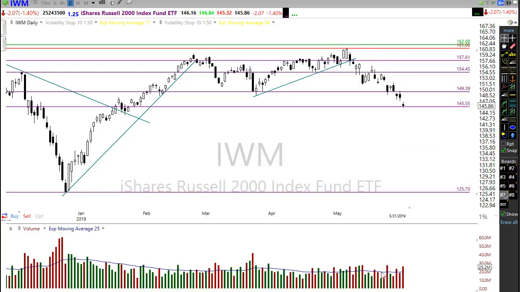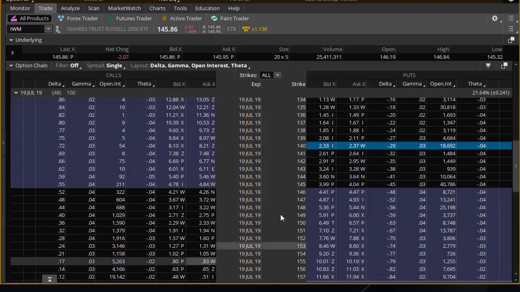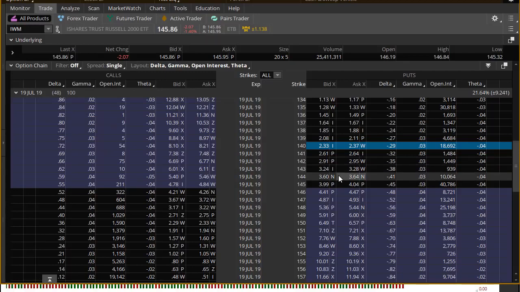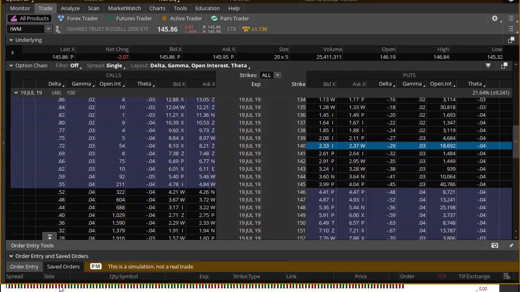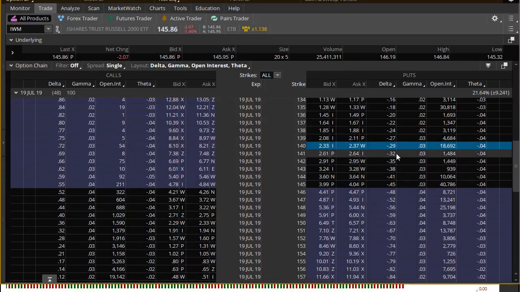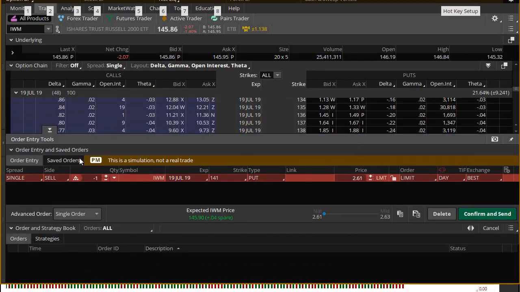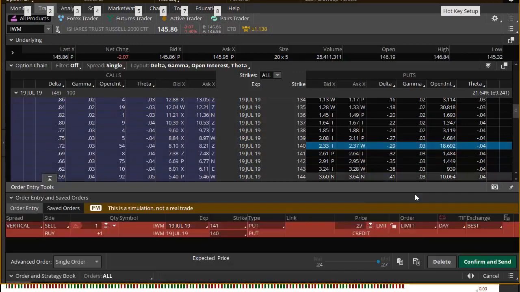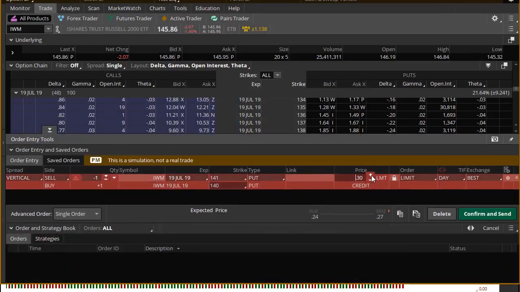And here's the other thing that I will do from time to time if I'm looking at a credit spread. If I get a credit spread that's close like that, 27 cents, I'll just enter the order like this, and I'll put a limit of 30 cents on it and just set the trade.